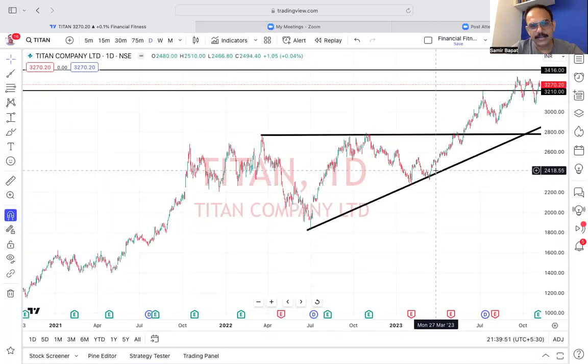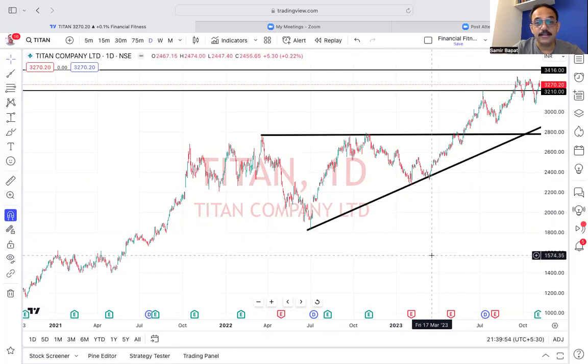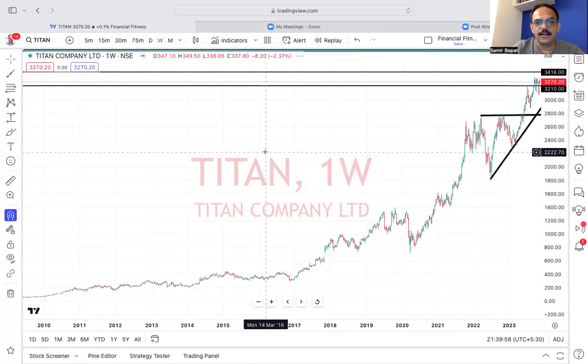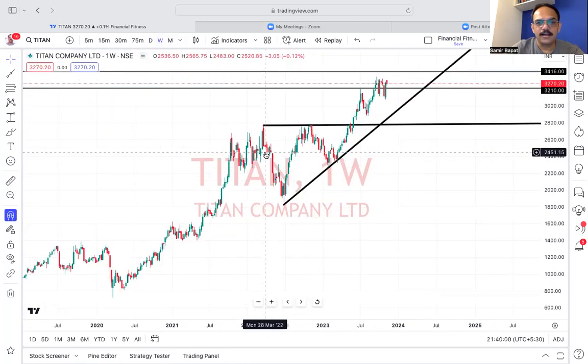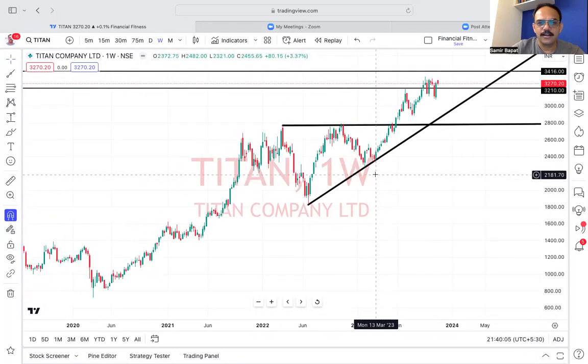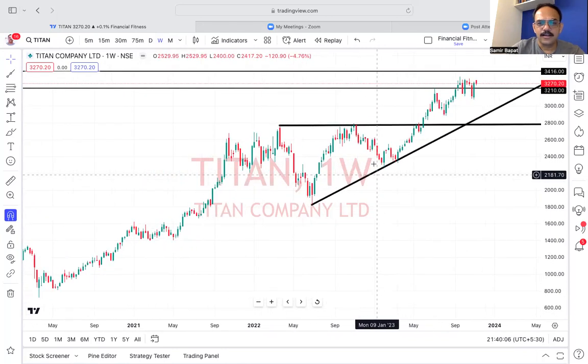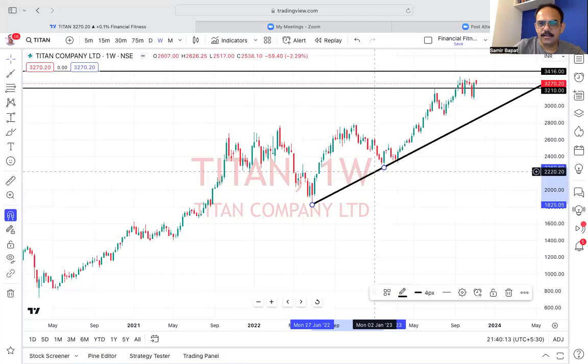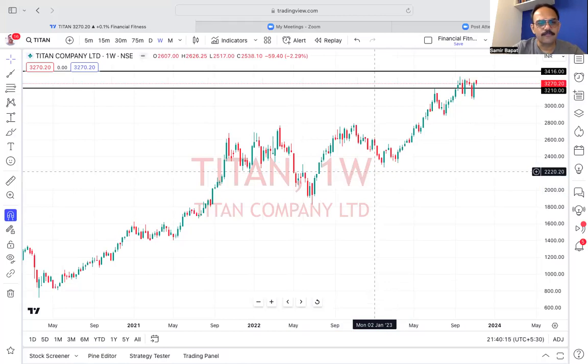For you, you can draw it as a triangle, but when we try, without putting the triangle, it looks like it is a W pattern also. My question is, sometimes a double bottom comes and it shows a green candle.